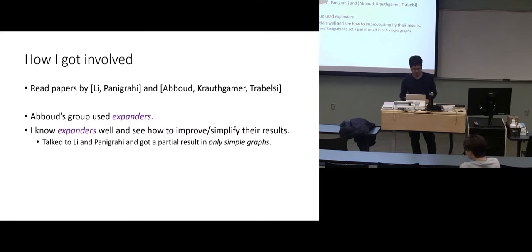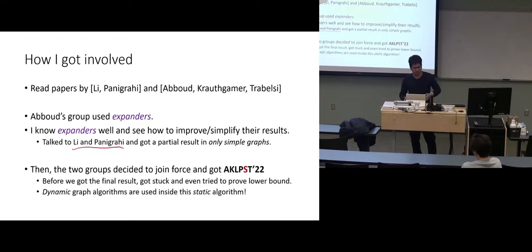Once I saw that, I talked to these people, Jason Li and Debmalya Panigrahi, and got some partial result, not the final result yet. Then the two groups of people, me and these people, joined together and worked together, and at the end, that's when we got it.